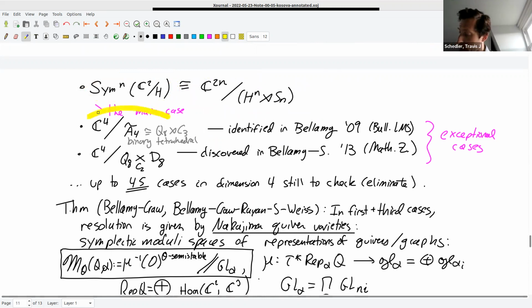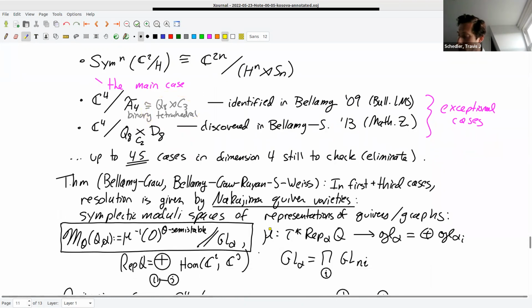And then there's two exceptional cases in dimension 4, one with a binary tetrahedral group, and one with this interesting group, which is a combination of the quaternionic and dihedral groups of order 8. These are exceptional cases discovered by my collaborator Bellamy, the first one in 2009, and then we discovered together in 2013 this last one here.